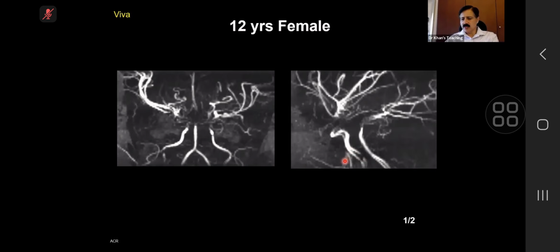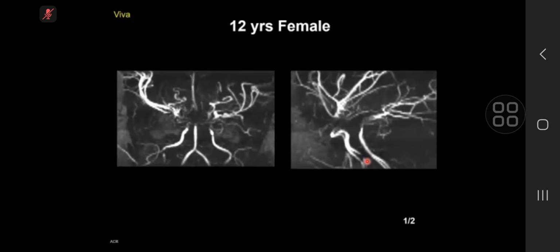Look at this case. What is the finding here? These are spot images from an MRA, and I can see focal areas of concentric narrowing in the circle of Willis, and there's some smooth tapering of the vessels, specifically the internal carotids bilaterally, with some proliferation of surrounding vessels in keeping with Moya-Moya.